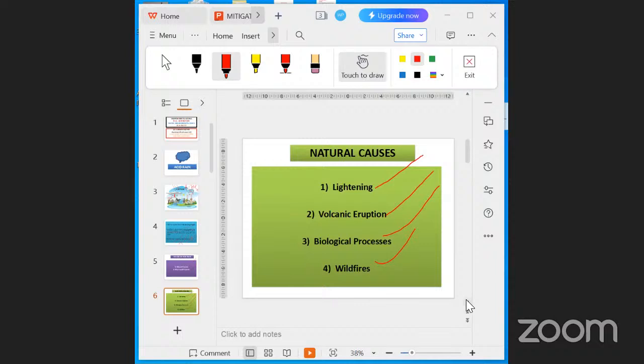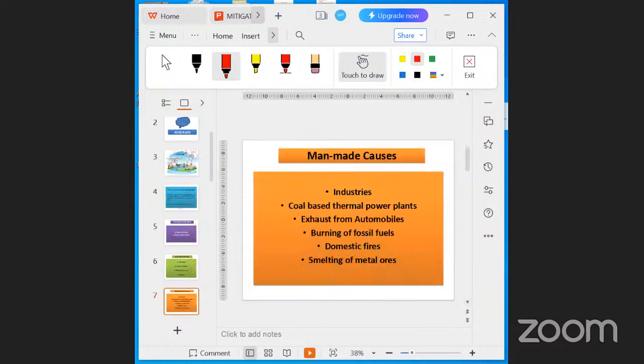The next one is anthropogenic, or man-made. Man-made causes are industries, coal-based thermal power plants, exhaust from automobiles, burning of fossil fuels, domestic fires, and smelting of metal ores.